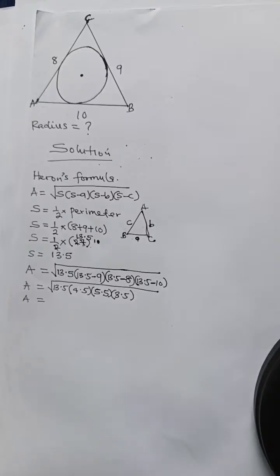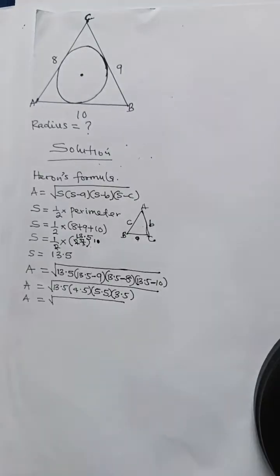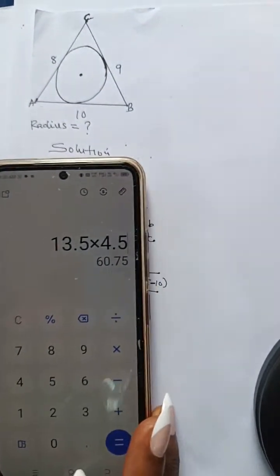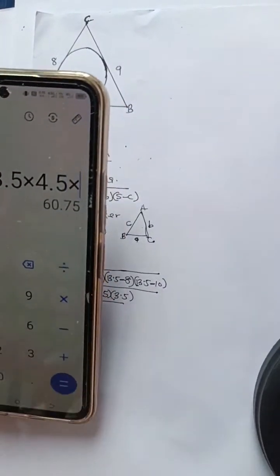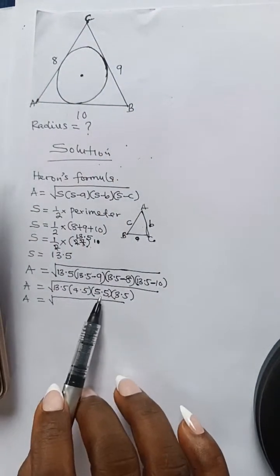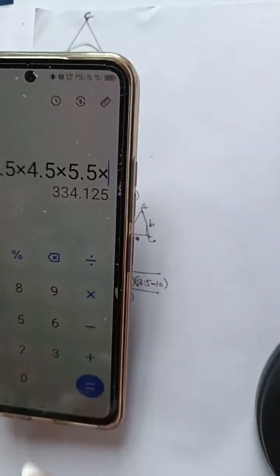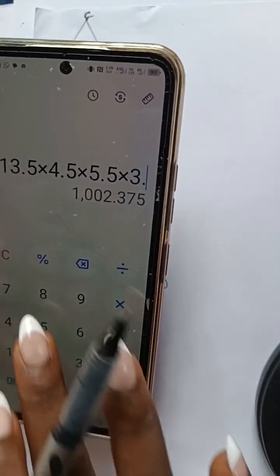So we have to multiply these things, so that's what I'm doing now. 13.5 multiplied by 4.5. Let me show you what I'm trying to do. You can see using the calculator. Then multiplied by 5.5, multiplied by 3.5.